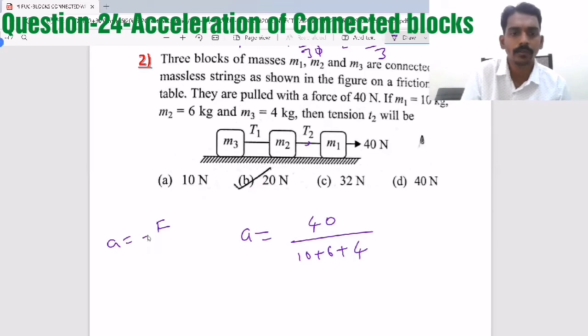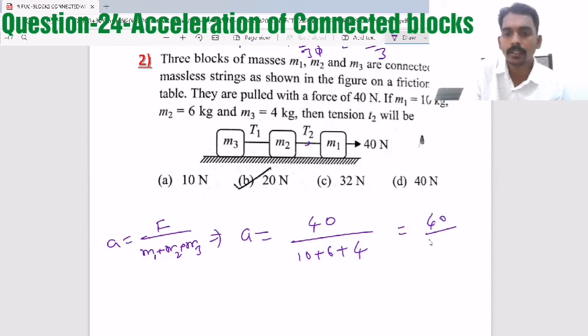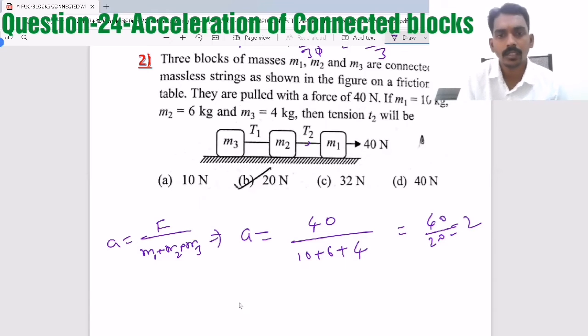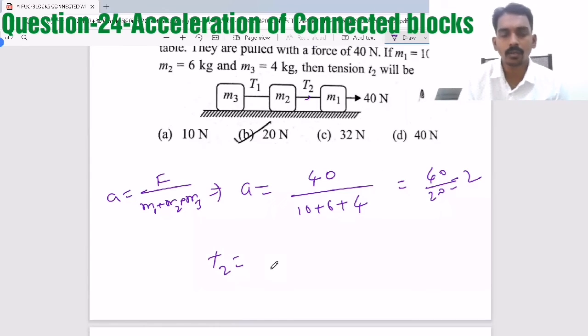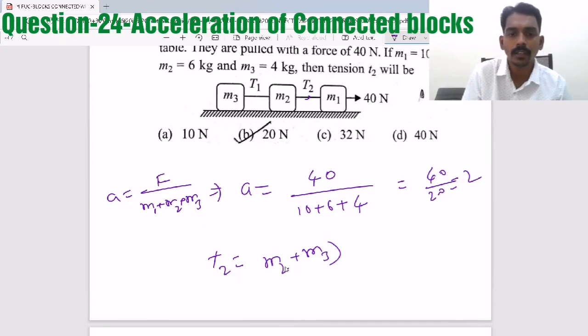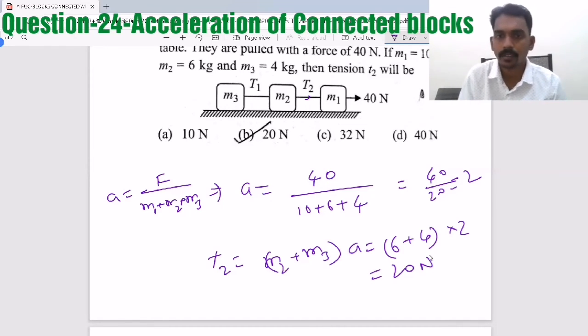Acceleration equals F by m1 plus m2 plus m3, that is 40 by 20, which is 2. Now the tension T2 means the total mass pulled by that point, that is m2 plus m3 into acceleration. So m2 plus m3 is 6 plus 4, into 2. How much will come? 20 Newton.